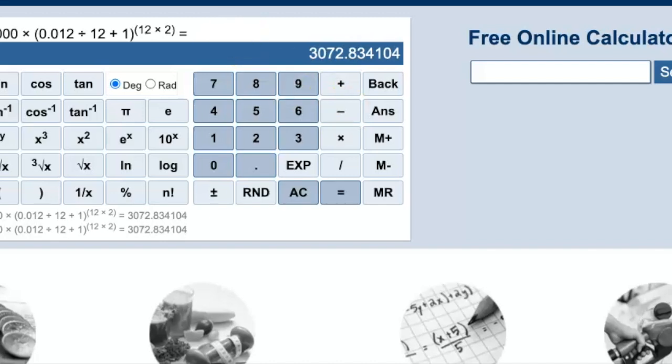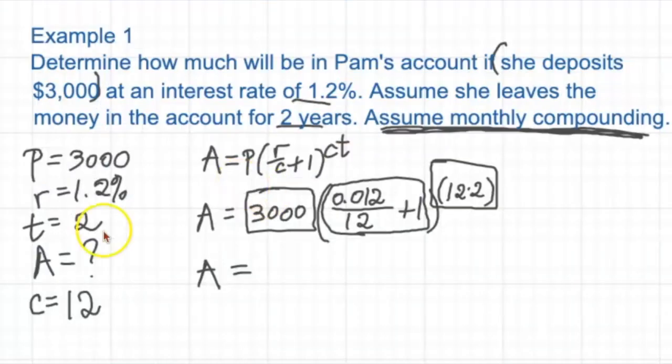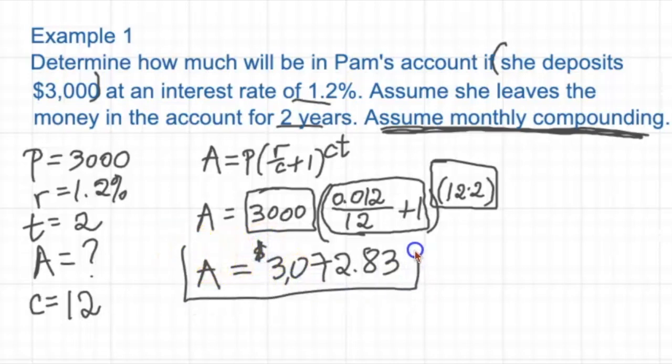So it's looking like the final answer, $3,072.83 is our final answer. Okay, so again, this is a more standard, typical, easier type of problem because you're trying to solve for A. So all the action is occurring on the right side of the equal sign.